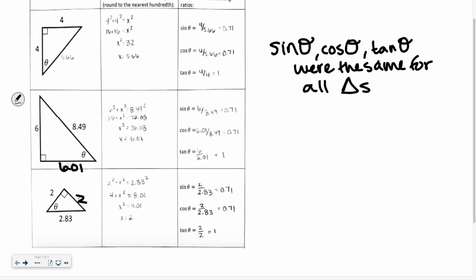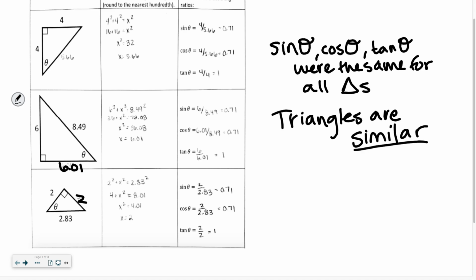But were all triangles exactly the same? No. Did anybody use any of their geometry words to describe these triangles? These are similar triangles. So that's another thing that maybe you notice. The triangles are similar. We mentioned that maybe yesterday.